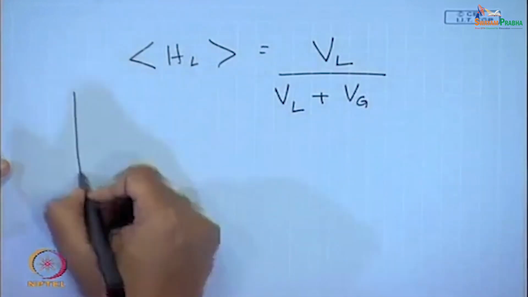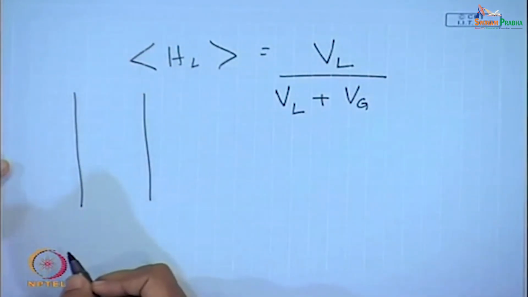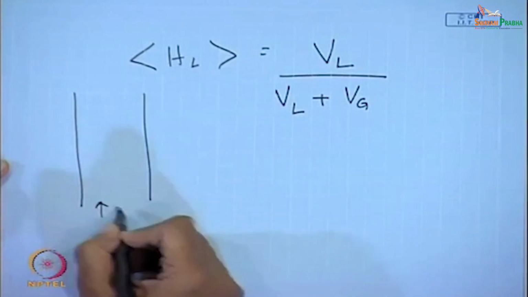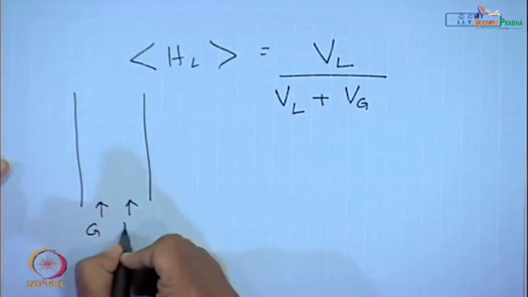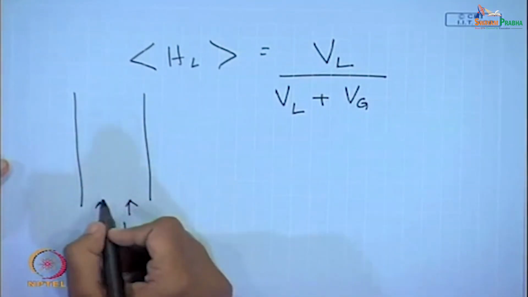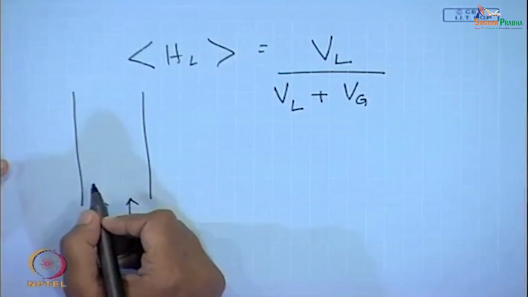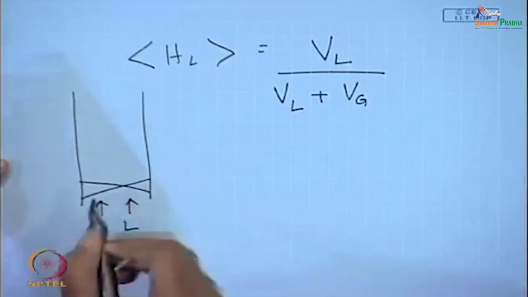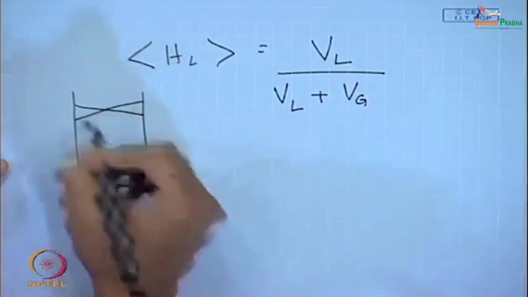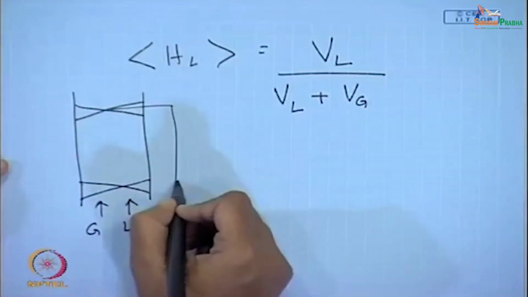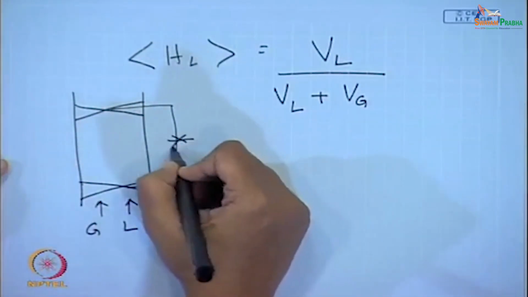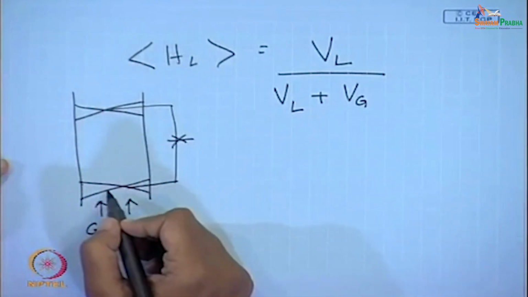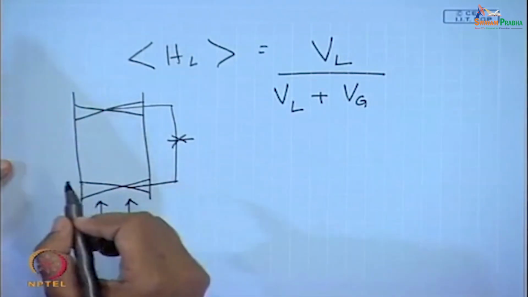So, suppose we have a channel in this particular way, and suppose a gas and a liquid mixture is flowing in here. What we can do is, suppose we have a valve here, and at one particular instant we simultaneously close both the valves. Then what happens?